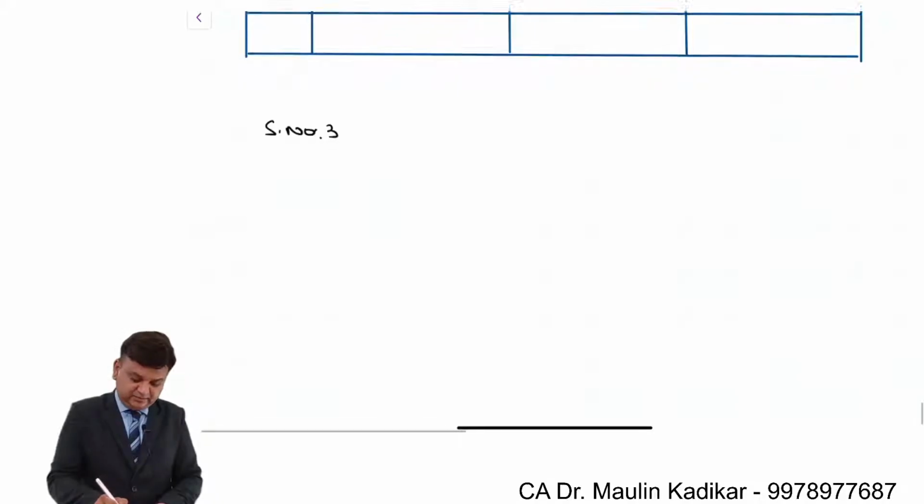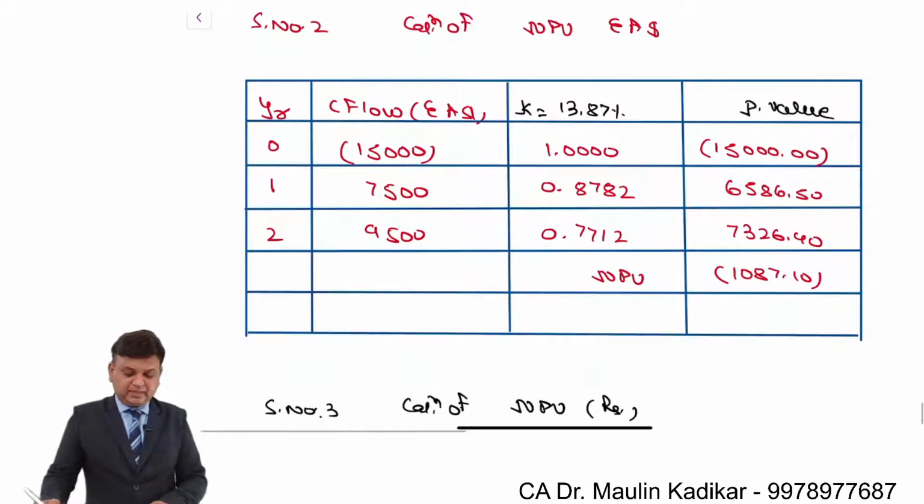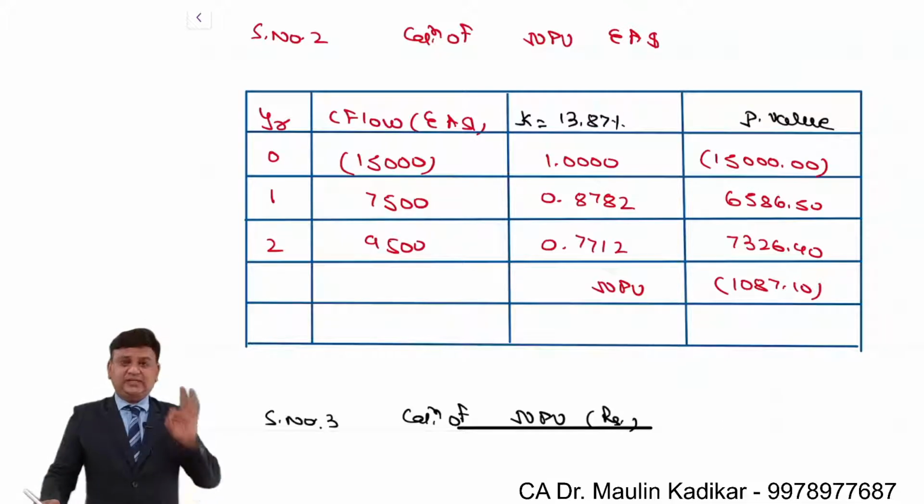Step number 3, calculation of NPV in a rupee currency term. Dear students, we understand that the NPV is always in the year 0 term, and further we know that the spot exchange rate is also of the current date only. So for the purpose of conversion of the foreign currency NPV into home currency, we can use the spot exchange rate.